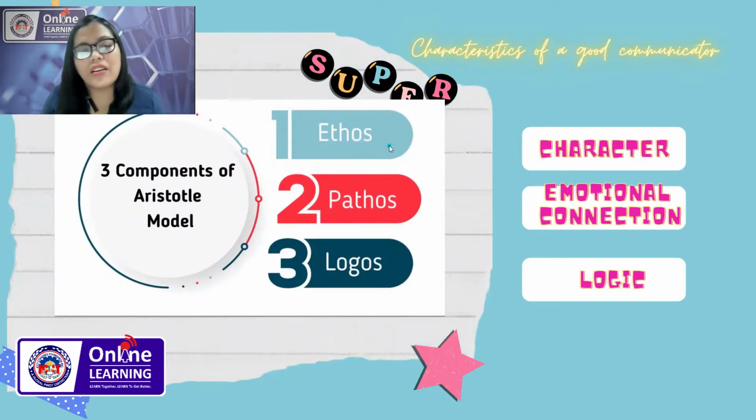Number one is ethos, a good character. Number two is the emotional connection, which means a politician or a teacher must have an emotional connection to the people that she is talking with. Logos is logic, wherein the politician uses logic to win the election.